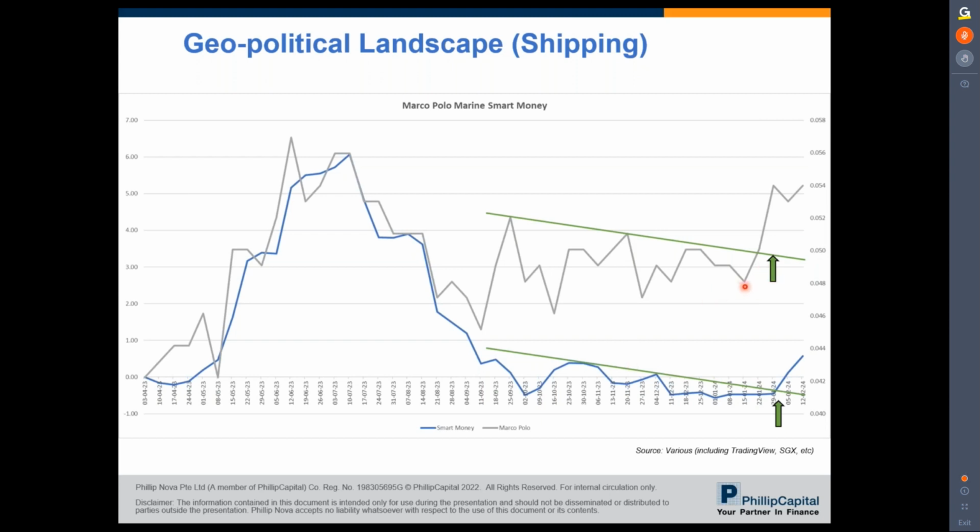Marco Polo also, take note that it is not directly involved in the shipping. In fact, Marco Polo's business operates ship chartering services, ship repair, some shipbuilding, right? Mostly operating in Southeast Asia and Taiwan. So perhaps its move has got nothing to do with what's happening in the Middle East, right?